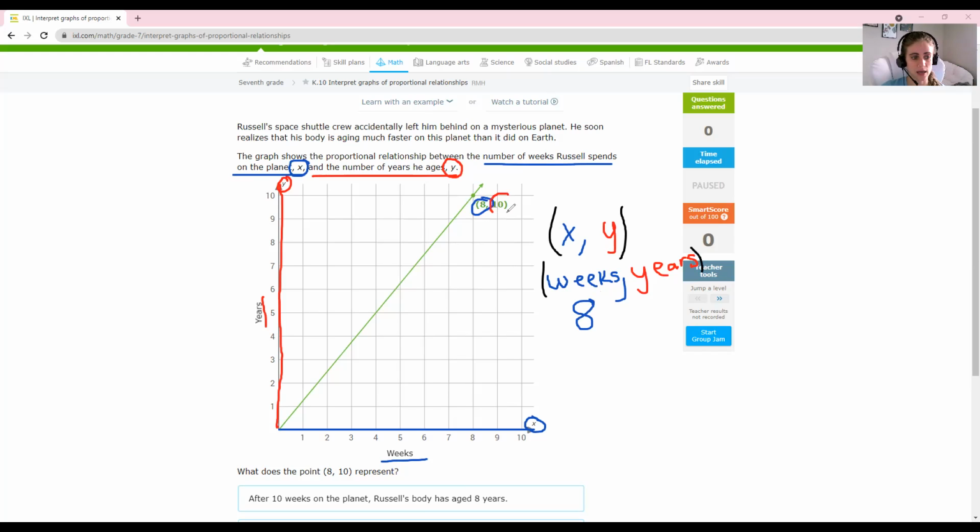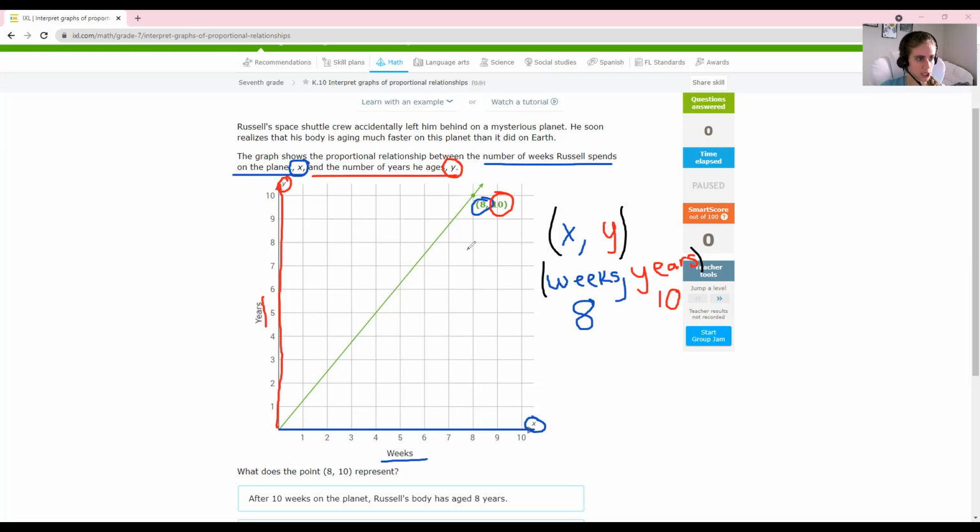And then 10 is our Y value, so that means 10 years. So when I read my answer choices, it needs to be something along the lines of 8 weeks equal 10 years. So when he's on that planet for 8 weeks, that really means he has aged 10 years.